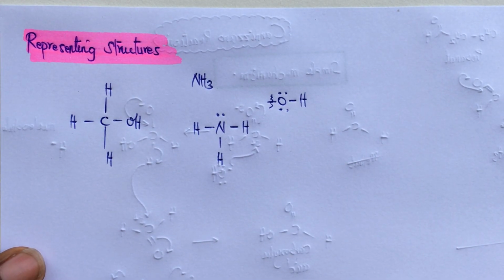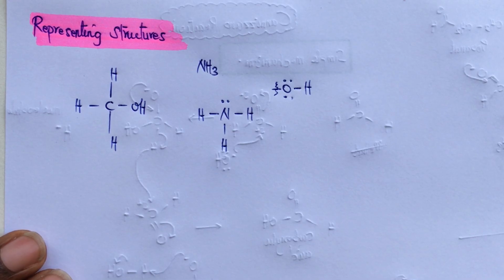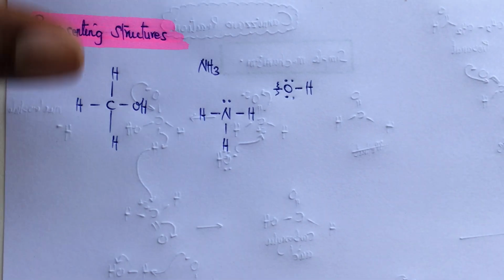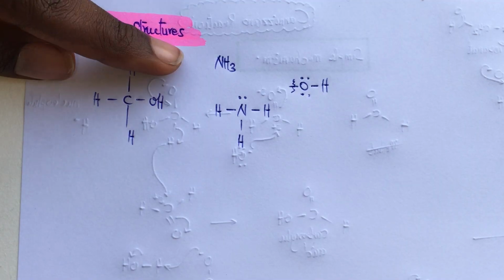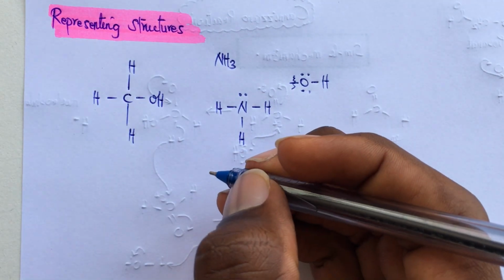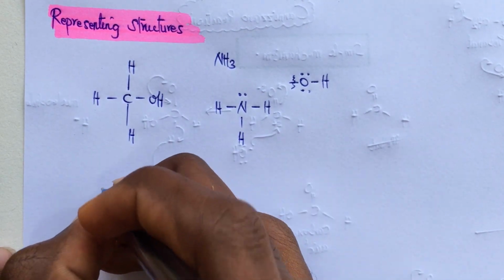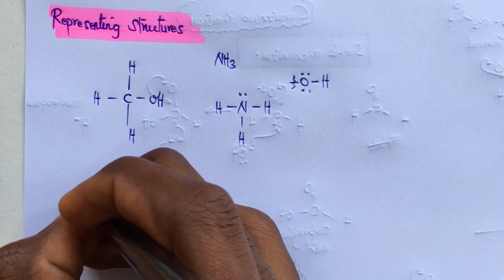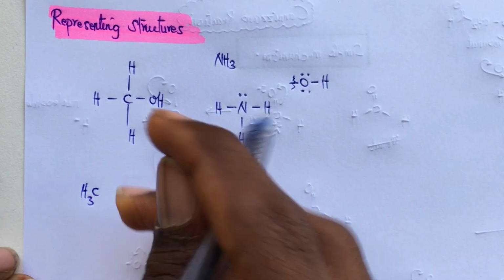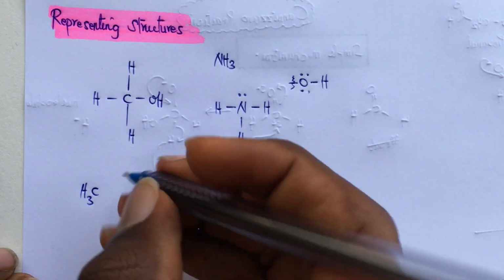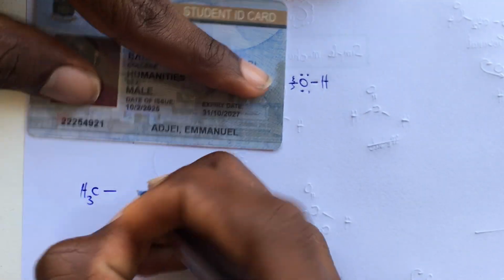Now, what we did is the representation of the structures, the dash formula, right? We're talking about alkanes. So see, I can have CH3. I'm writing carbon CH3, meaning this is the same thing as the CH3, right? It has been bonded to carbon.